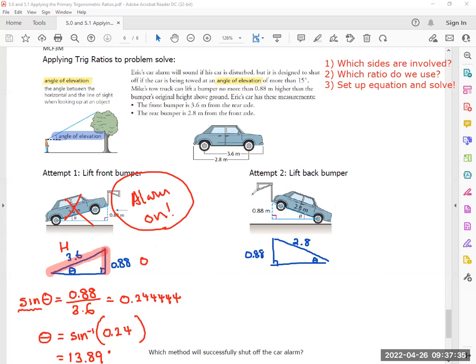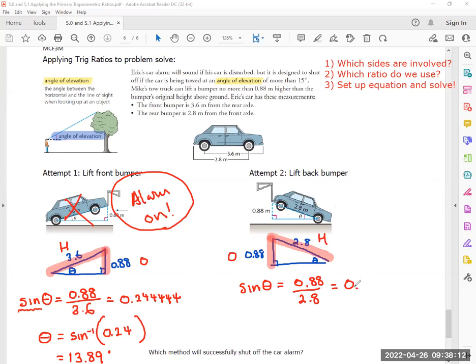So I'm assuming attempt number 2 is the proper way to do it, but let's continue. Once again, I am going to use this angle, and with reference, these are my two sides. What are those two sides? Opposite and hypotenuse. Sine of the angle is going to be opposite over hypotenuse, which, if you don't like the fractions, becomes 0.314. You know what?